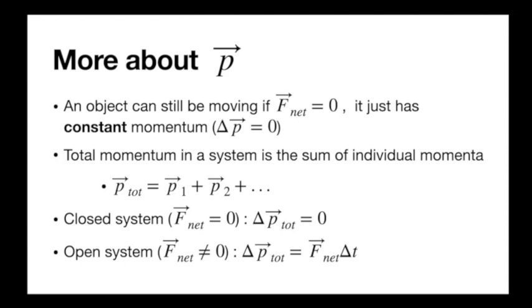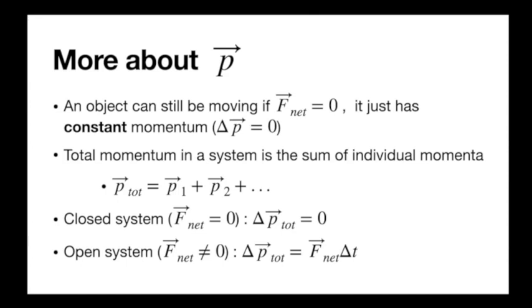We're also starting to work with systems of objects. One of the complexities beyond that, to get the total momentum, we just sum up all the momenta of the individual objects. And then that total momentum behaves with the same rules that we just discussed. If the net force on the whole system is 0, the total momentum is constant.